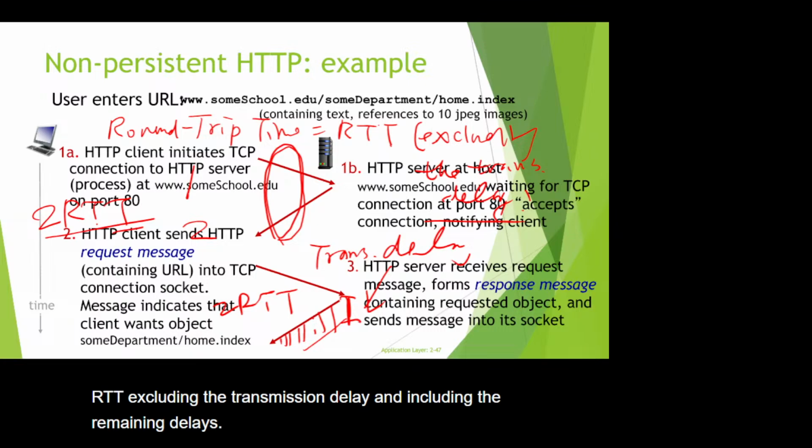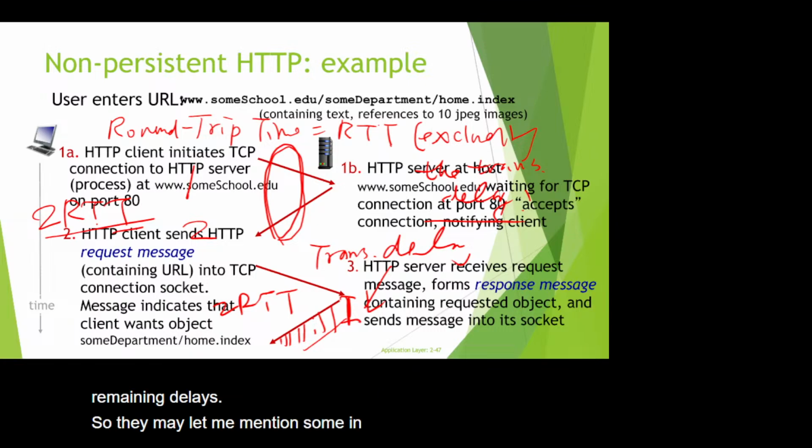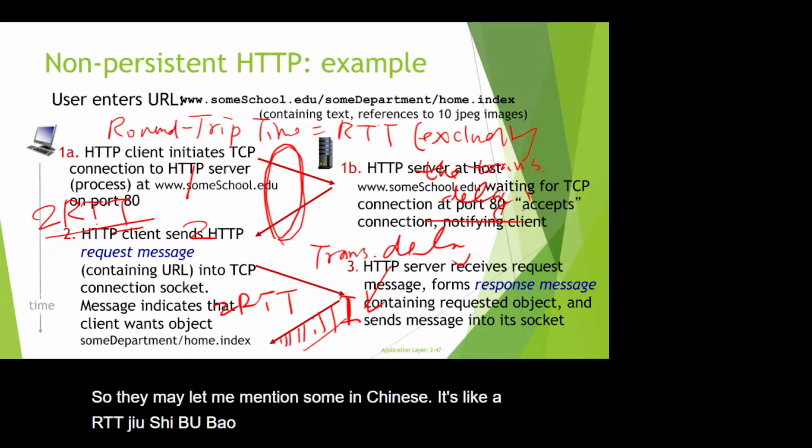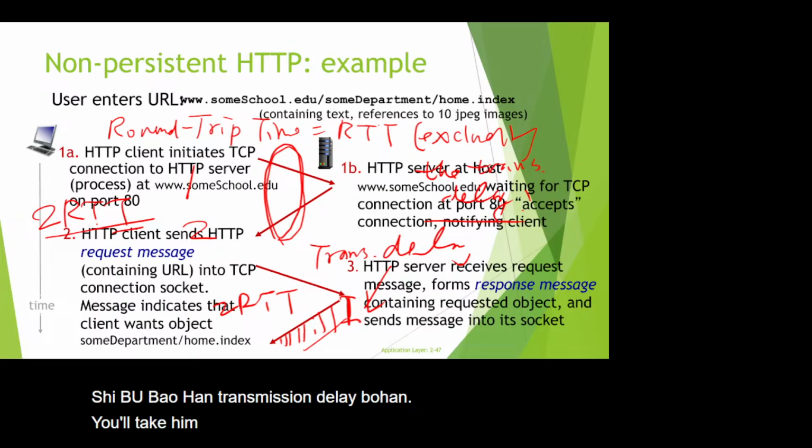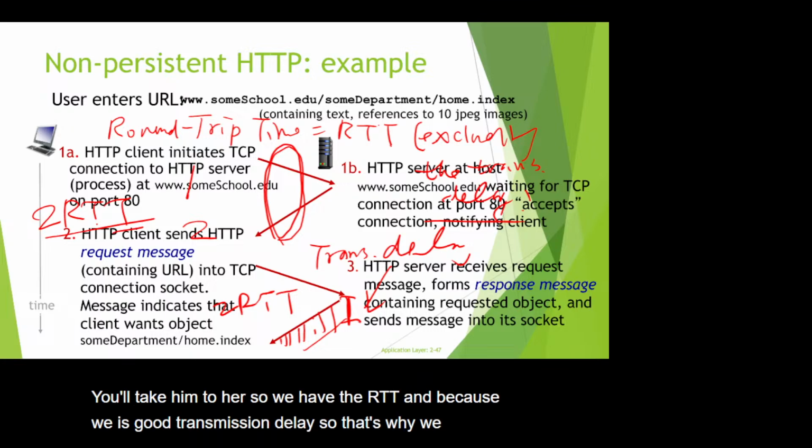Let me mention some in Chinese. 这个 RTT 就是不包含 transmission delay，但是其他的3个都可以包含。有听清楚哈？ So we have the RTT, and because we exclude transmission delay, that's why we have a separate transmission delay for the object.